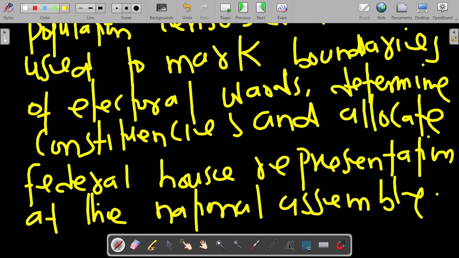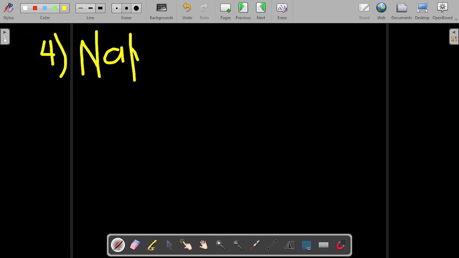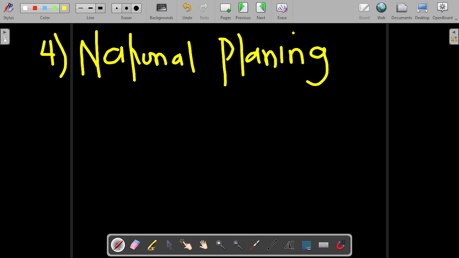Yes. Then number four, we have national planning. That is a reason why NECO Geography asks for national planning. Every reasonable nation needs to plan towards the growth of its population.